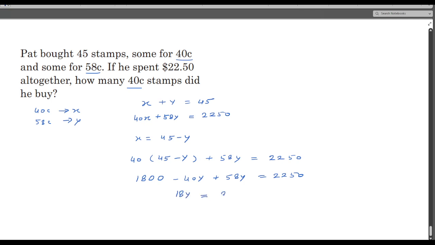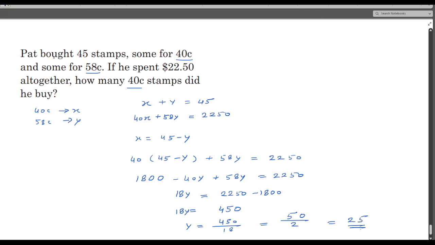18Y is equal to 2250 minus 1800. So 0 minus 0, 0; 5 minus 0, 5; 12 minus 8 is 4, and 1 minus 1 is 0. So 450, and therefore Y is equal to 450 divided by 18. I can cancel with the 9: 9 5s are 45, and 9 2s are 18, this is 25.